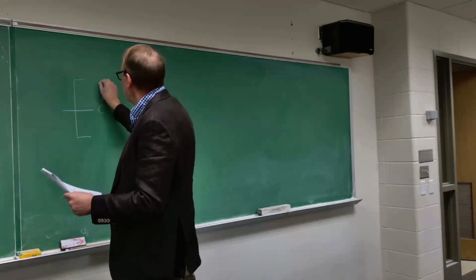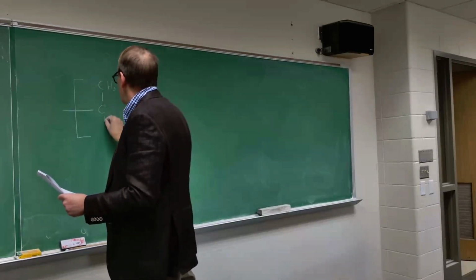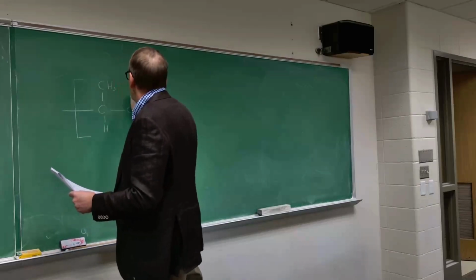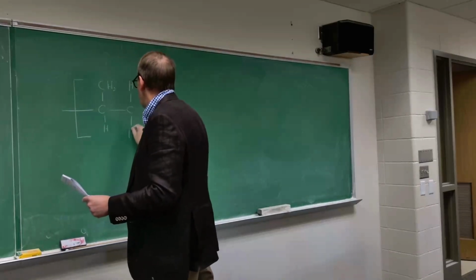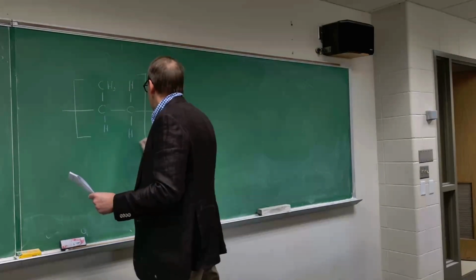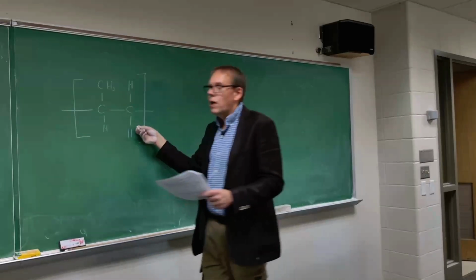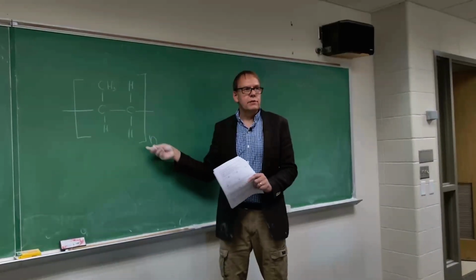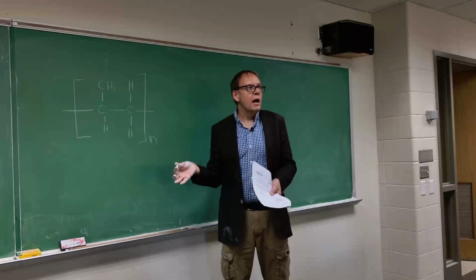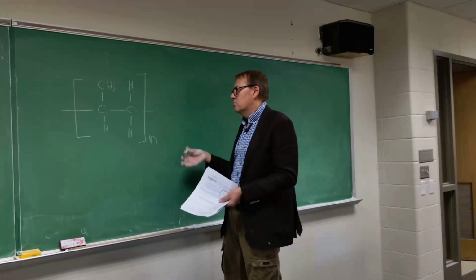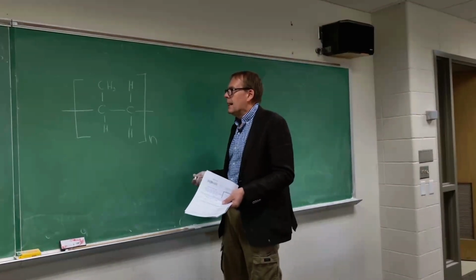Here is a polymer. This is the polymer nomenclature. It's showing us the repeating unit, and that's in brackets, and then there is an N, which indicates it repeats a whole bunch of times, whatever N is. It can be hundreds of units, actually.